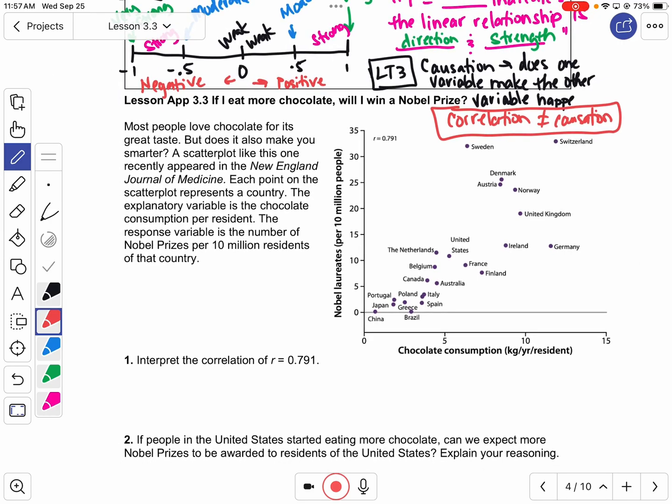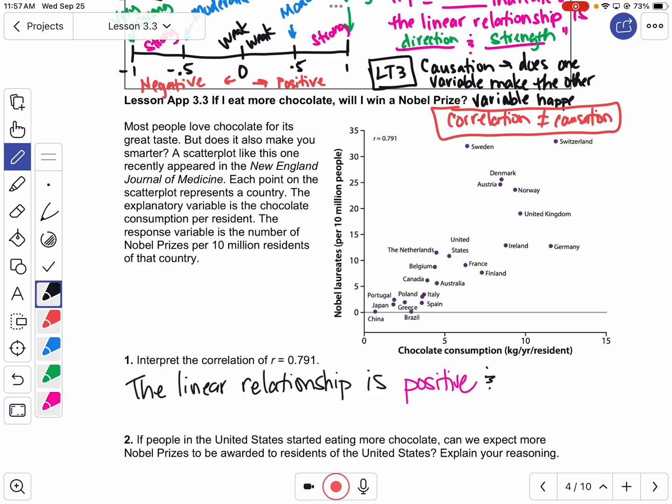So here's what we're going to say. That linear relationship is, first word, is it positive or negative? It's positive. I got a positive number. And the next thing we describe is its strength.